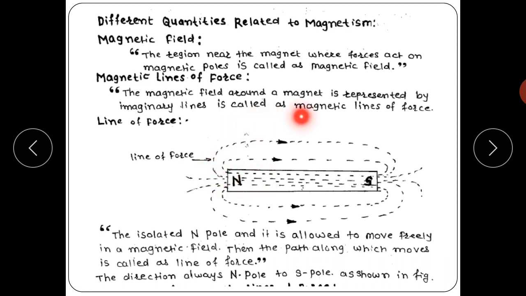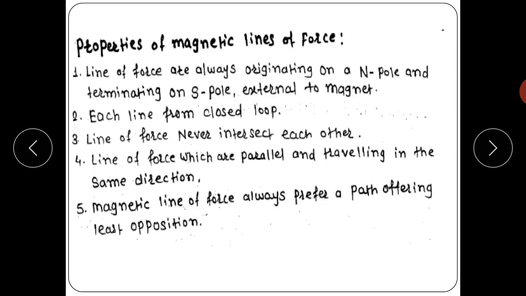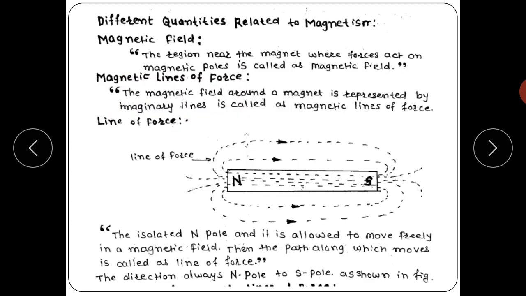The direction of a line of force is always from the north pole to the south pole, as shown in the figure. Now, the properties of magnetic lines of force. The first property: the lines of force always originate on the north pole and terminate on the south pole external to the magnet. These always start from the north pole and end at the south pole, in the external part.